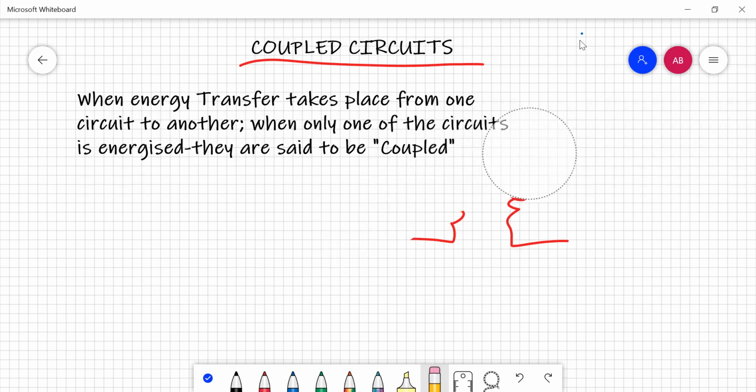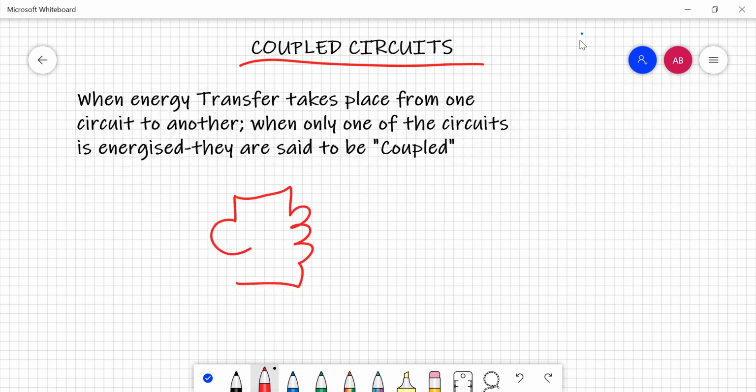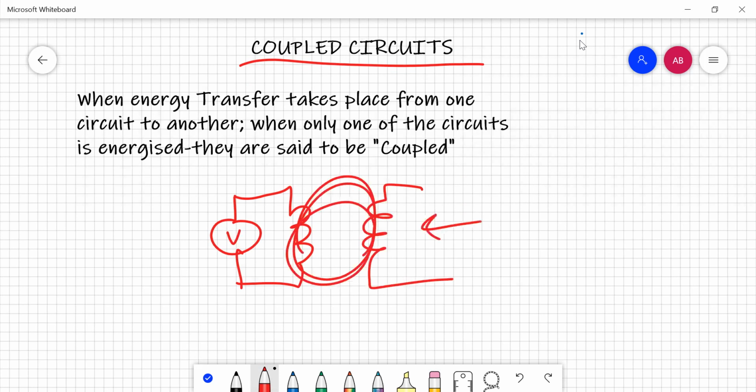So basically, if we go for the definition, you can just see from here that if we have one circuit that is energized and another circuit that is not energized, but the energy gets transferred to this circuit by coupling, it is called a coupled circuit.